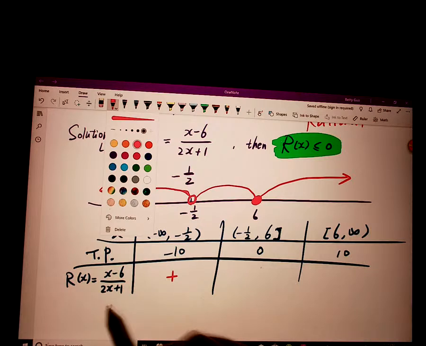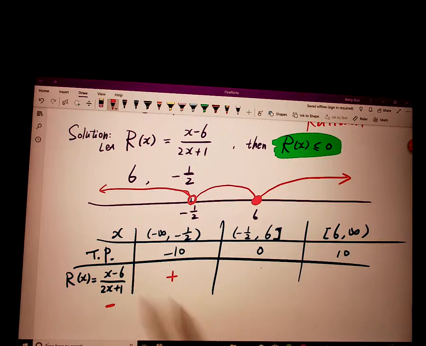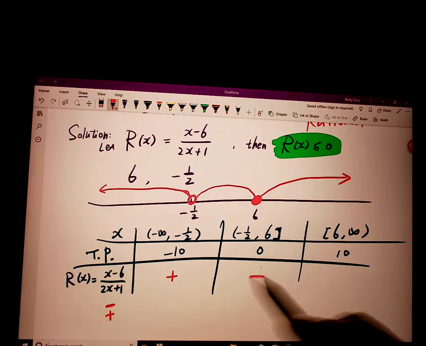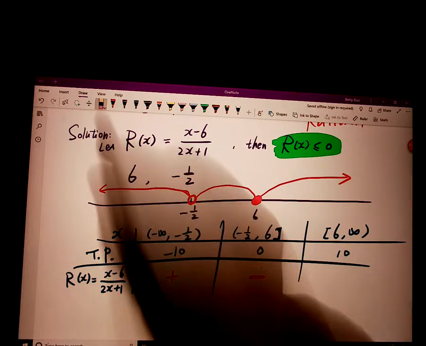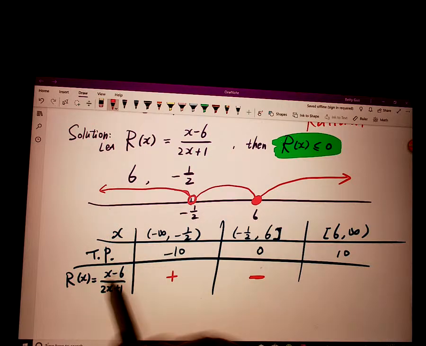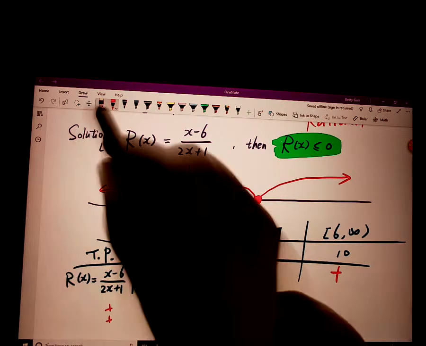The numerator is negative because 0 minus 6 is negative. We don't have to know the exact value, we only need to know the sign. The denominator is positive. So a negative number divided by a positive number gives us a negative number. Plug in x equals 10. The numerator is positive, the denominator is positive. A positive number divided by a positive number gives us a positive number.